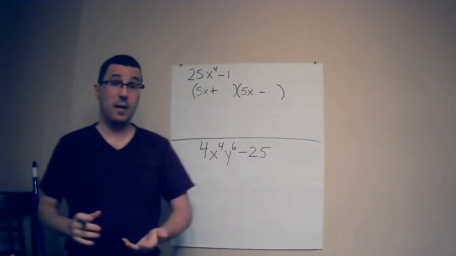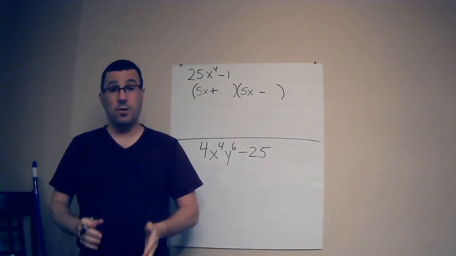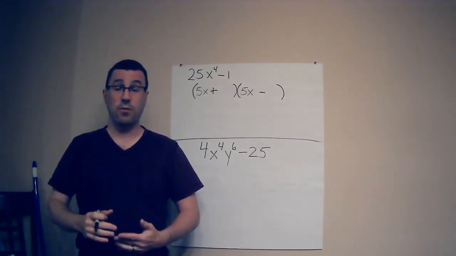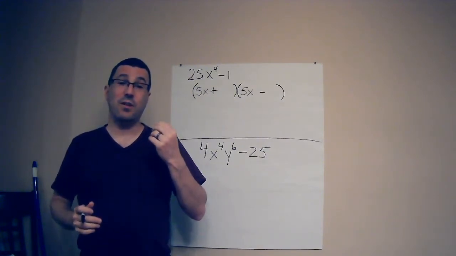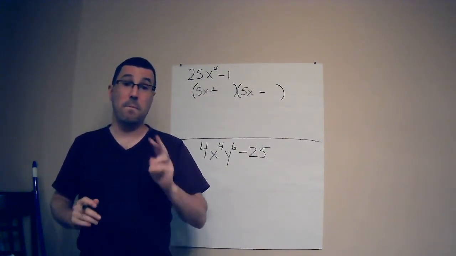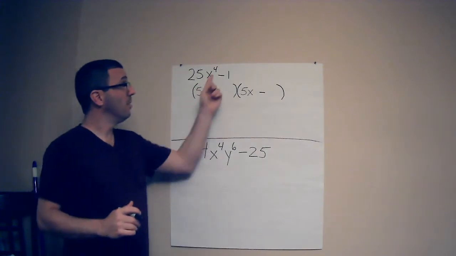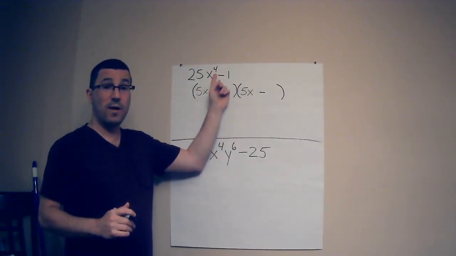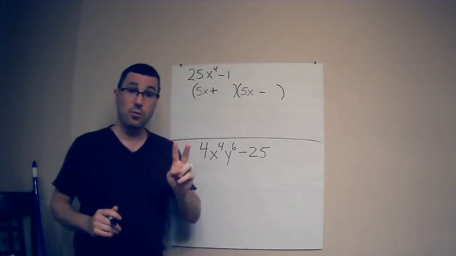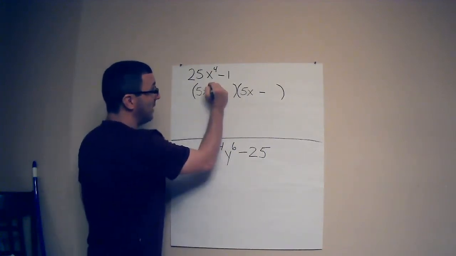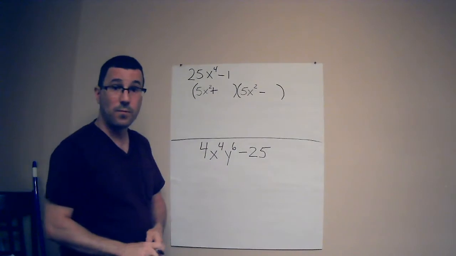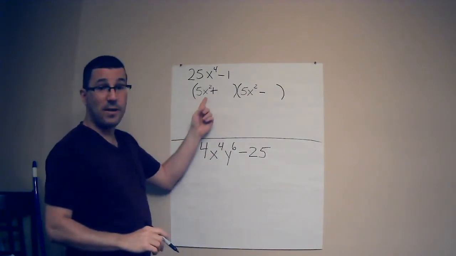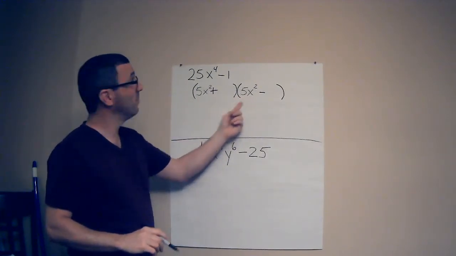And then as I said before, to take the square root of x to the fourth, I'm going to divide the exponent by 2. So 4 divided by 2 is 2. So that's the exponent I'm going to put. Okay? So we see 5x squared goes in the front.